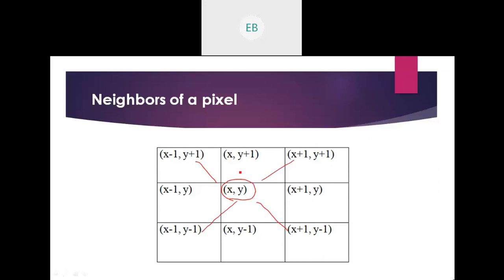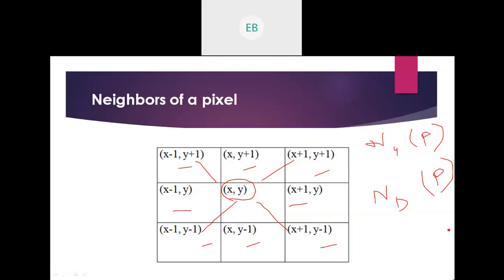So these are horizontal and vertical neighbors and these are the diagonal neighbors. Okay, so this is ND of p. We discussed N4(p), which means the 4 neighbors, the horizontal and vertical. ND(p) means diagonal, this and this. So total how many neighbors are there for (x, y) now? Total 8.